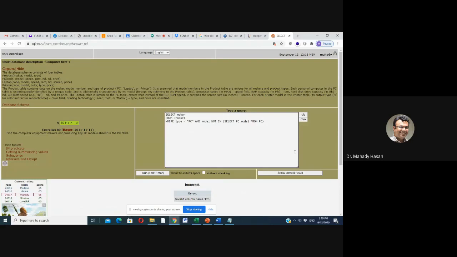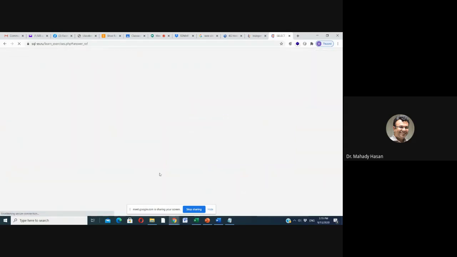What is wrong here? Can anyone tell me? Invalid column name PC. Why PC is a column name? PC to column name না। Have I mentioned PC as column name somewhere?